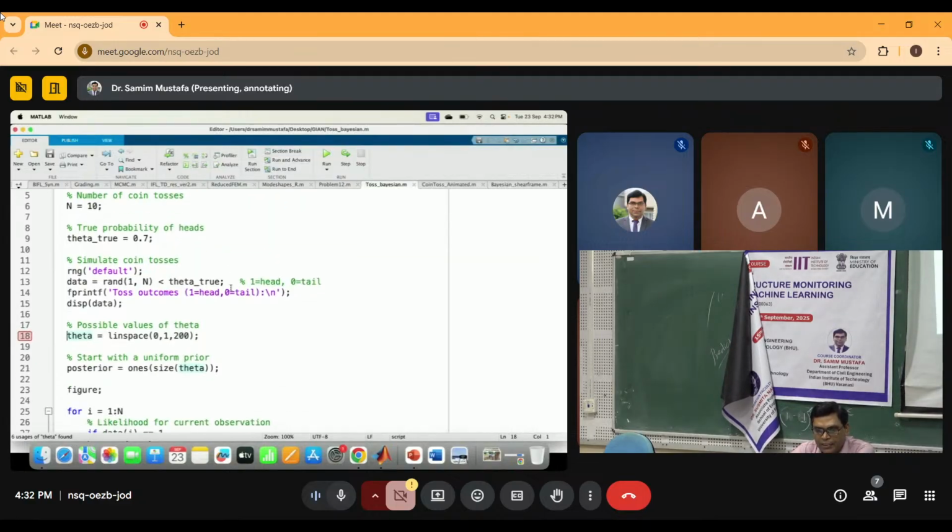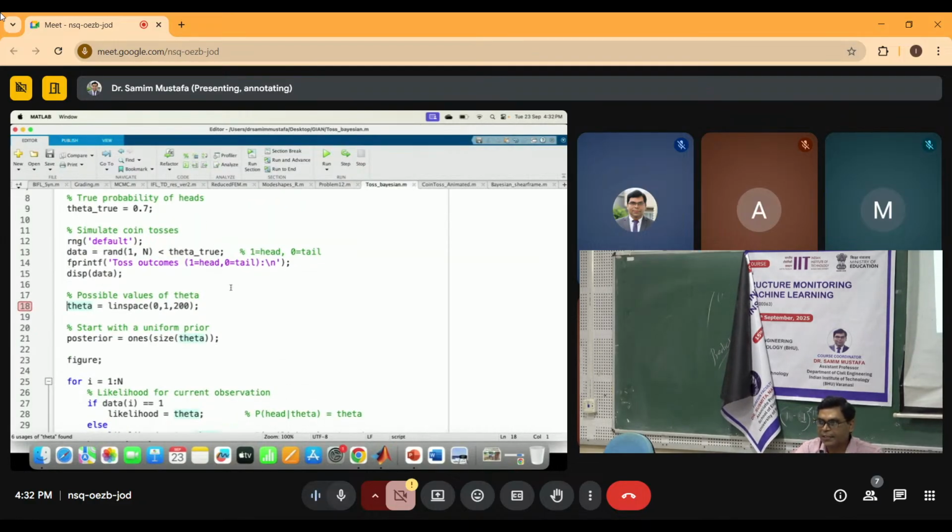So try to run this code. Shall I minimize this or not? Yes, yes. I think it is fine, perfectly fine. I think you did it correctly. Okay. Wow, very quick.